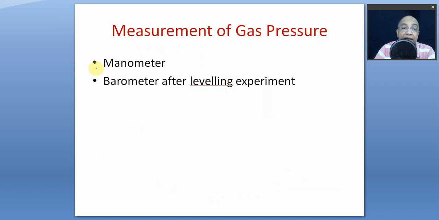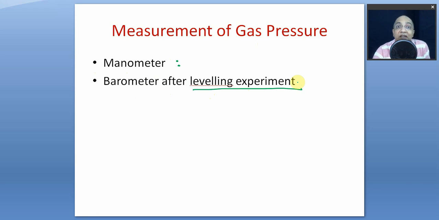Now, we have already done a lot of discussion on the manometer, how to measure the gas pressure, so needless to repeat. And a barometer can also be used after a leveling experiment. Really, we never use a manometer to measure the gas pressure.